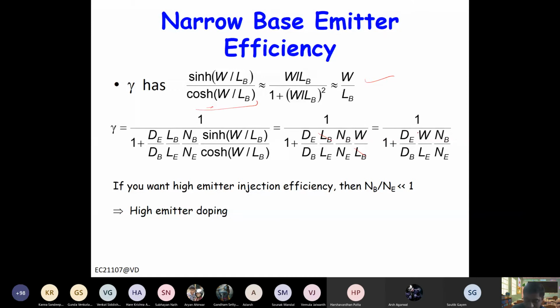So that means the width of the base should be much smaller compared to the diffusion length of electrons in the emitter, and the doping of the base should be much less than the doping in the emitter. So these two will give you the criteria for high injection efficiency.